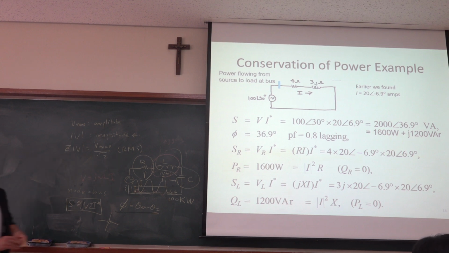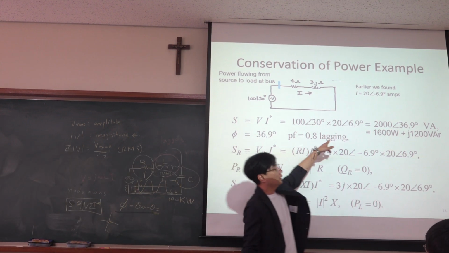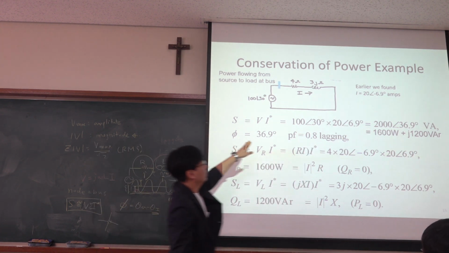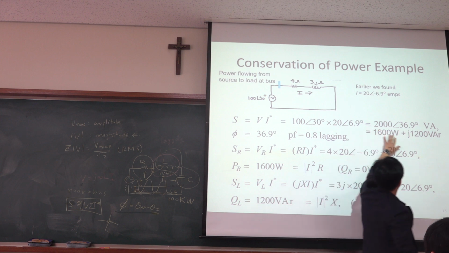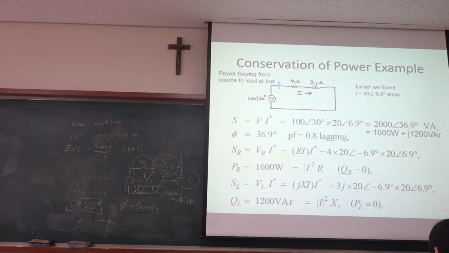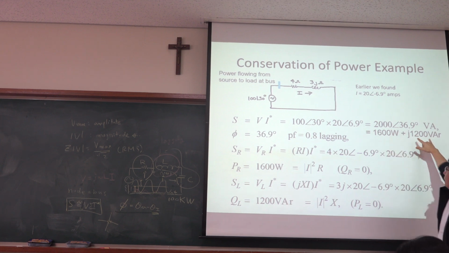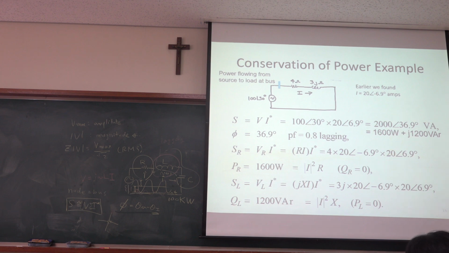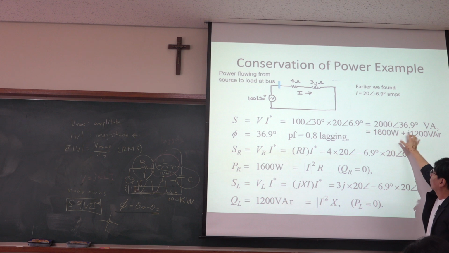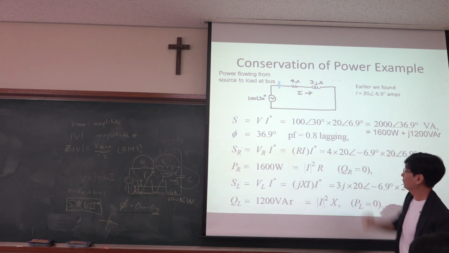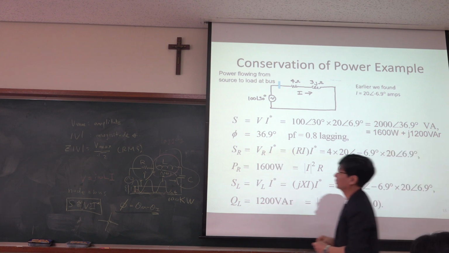Yeah, same. Because of the conjugate, rather than minus 36.9 degrees, this is plus 36.9 degrees. So the complex power magnitude is multiplied and the angle is plus 36.9 degrees. The real part is the real power, the imaginary part is the reactive power. So 1600 and 1200. Here, the power factor is the cosine of the angle of that one, so cosine of that is 0.8. You see that?